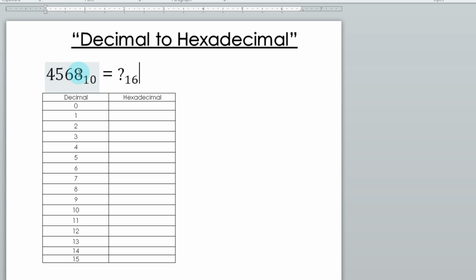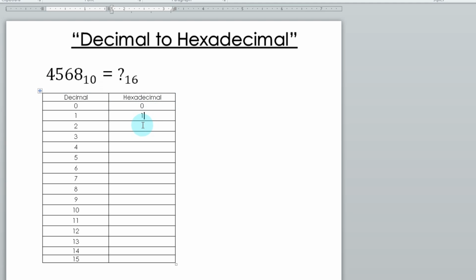But before that, the most important thing you need to remember is the corresponding value of decimal in hexadecimal. So 0 in decimal is also 0 in hexadecimal.